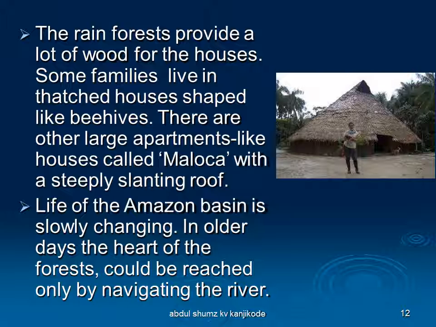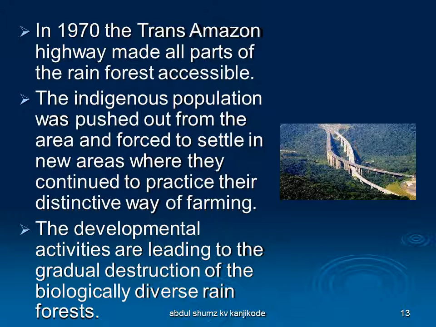Life in the Amazon basin is slowly changing nowadays. In older days the heart of the forest could be reached only by navigating the river. In 1970, the Trans Amazon Highway made all parts of the rainforest accessible. The indigenous population was pushed out of the area, and they were forced to settle in new areas where they continue to practice their distinctive way of farming.